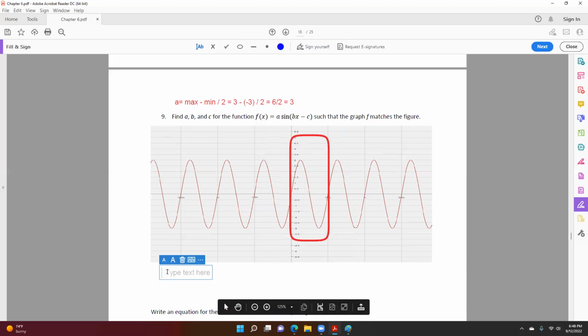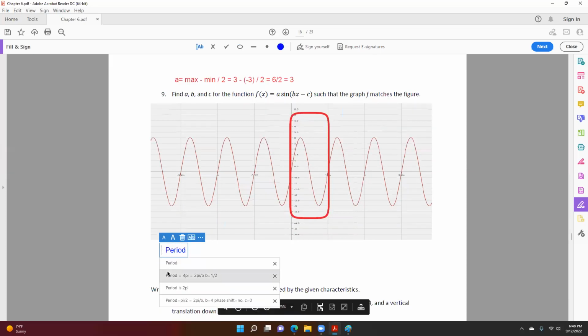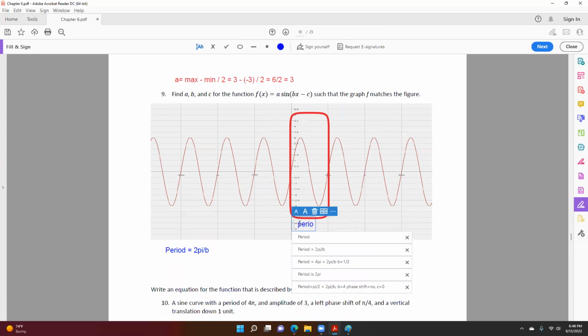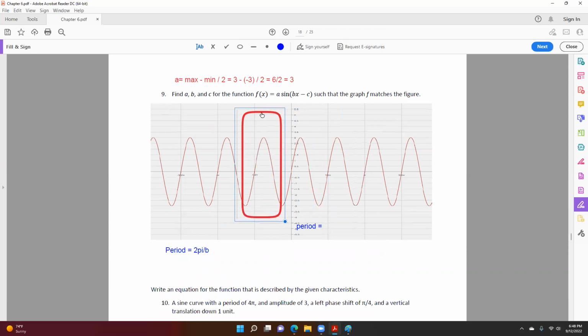Now, B in this case depends on your period, because the formula to find the period is 2 pi over B. You have to look at this box, because this box will tell us the period of this graph. I'm going to move this box away so you can see.